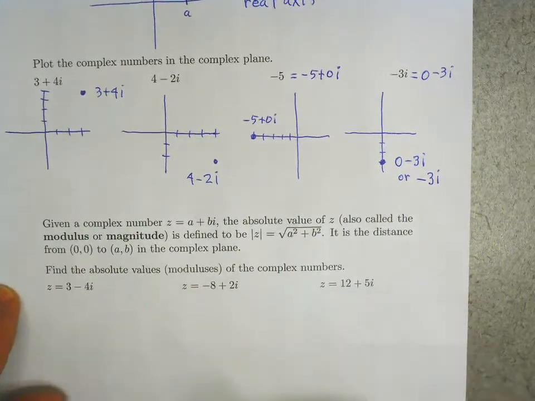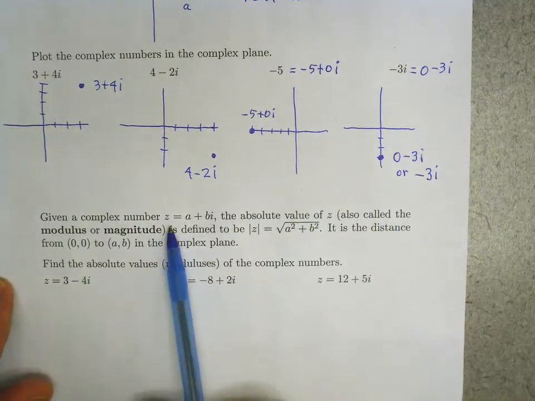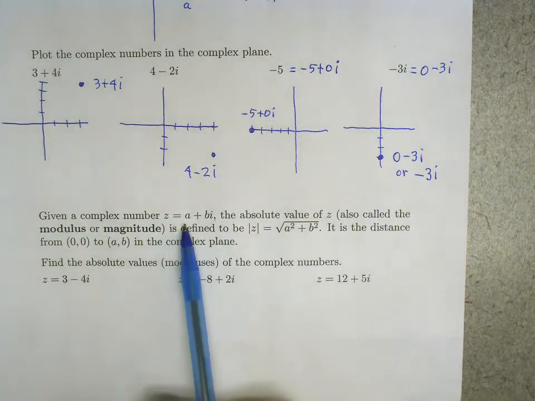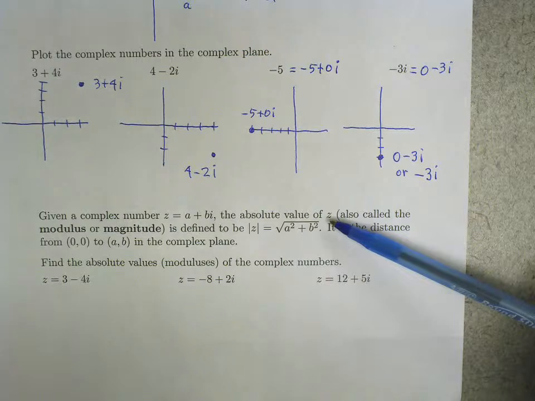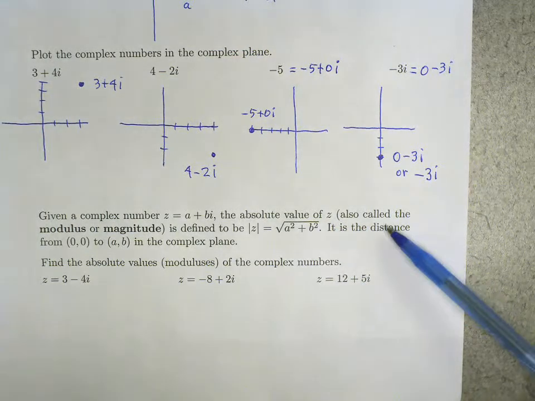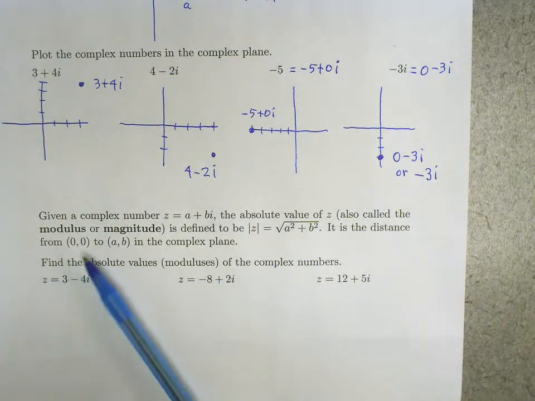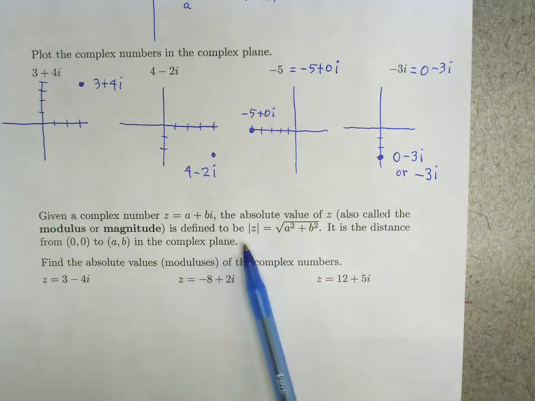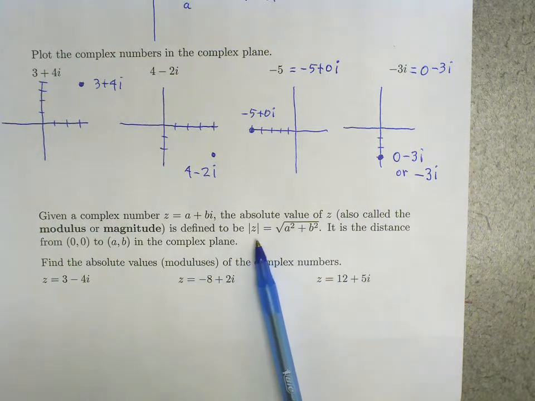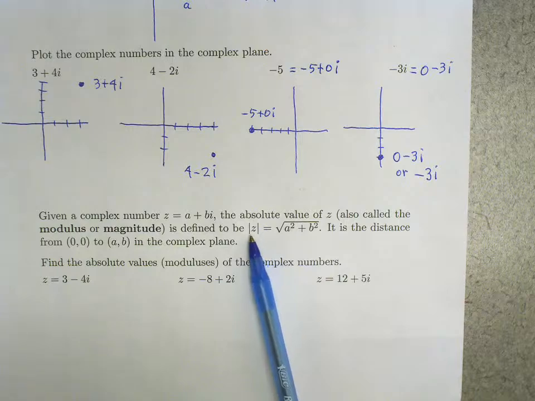Okay, if we have a complex number z equals a plus bi, the absolute value of z, which is also called the modulus or the magnitude, is defined this way. We use the absolute value symbols to surround z.